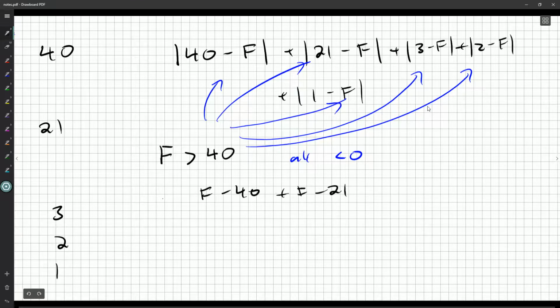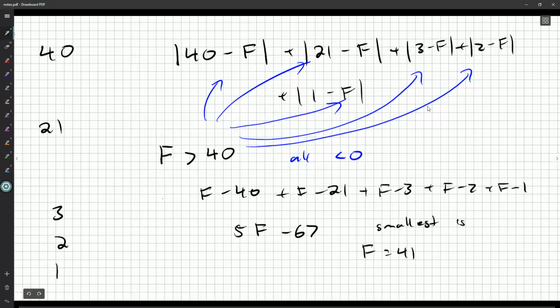You'd have F minus 21, F minus 3, F minus 2, F minus 1. And so the total distance traveled by everyone would be 5F minus 67. The smallest that can be is, well, F has to be at least 41, so F equal to 41 would be the smallest there. Well, we don't want that.